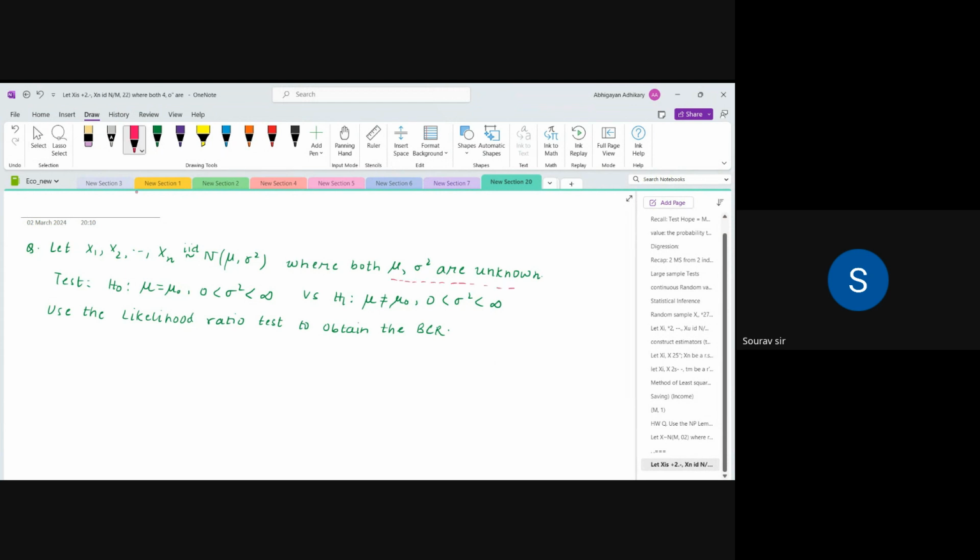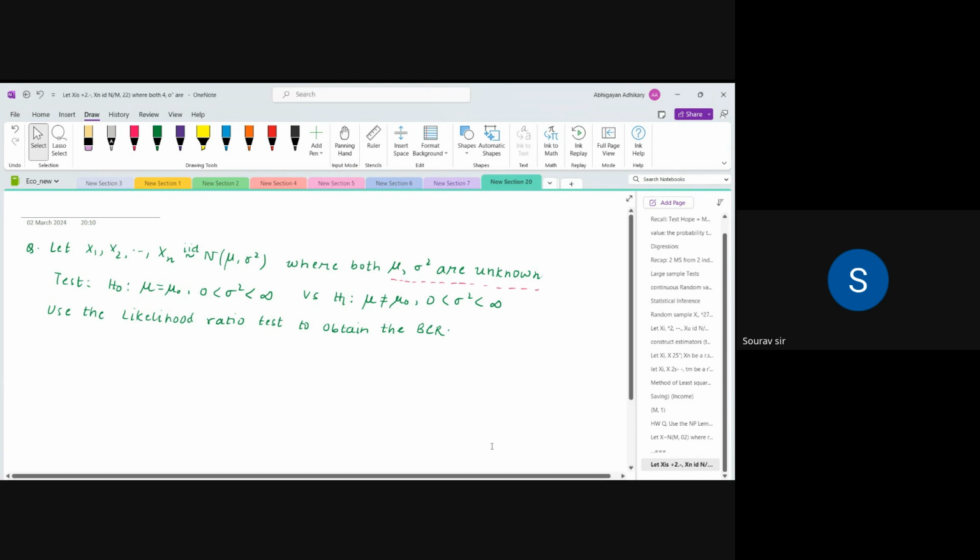So can anyone tell me how we can find that out? What was the process? Anyone remembers? Okay, maybe then we can revise that first and then come over here.